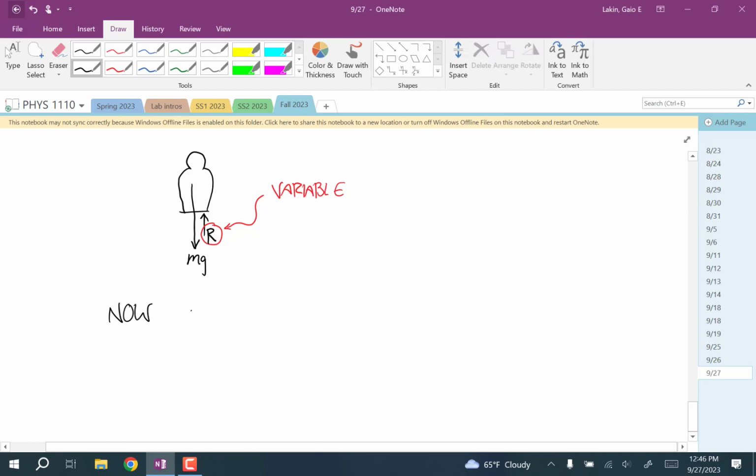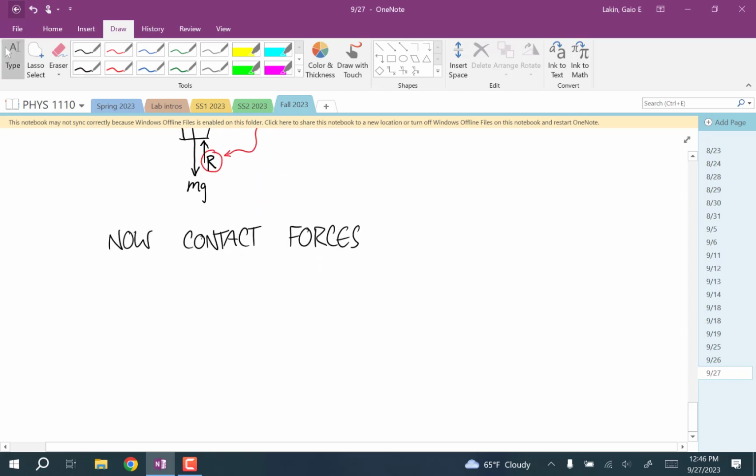So now we're going to think about contact forces. And okay, just as a reminder, the force types that we're going to see, there's the weight force.